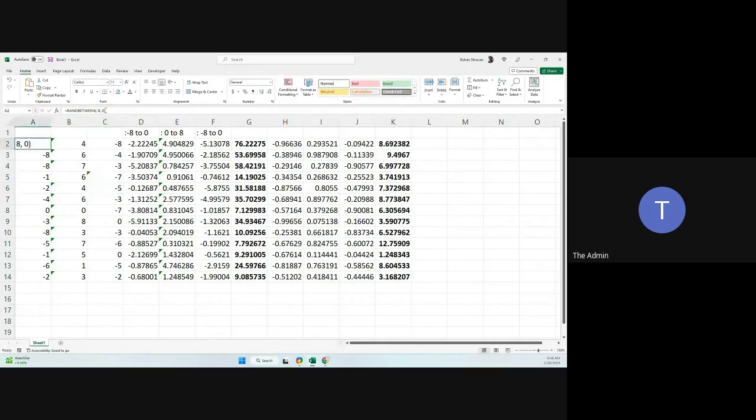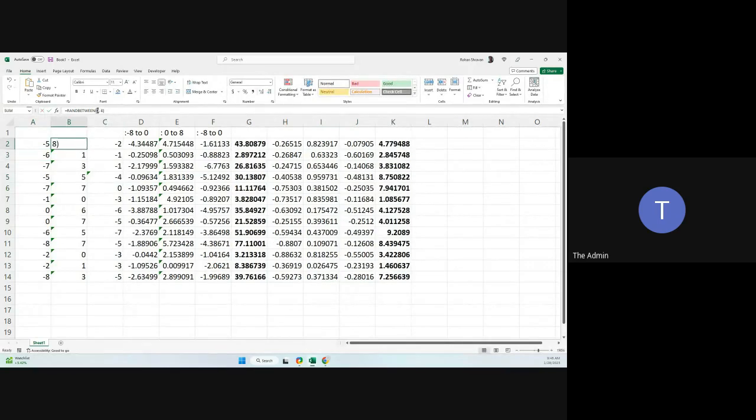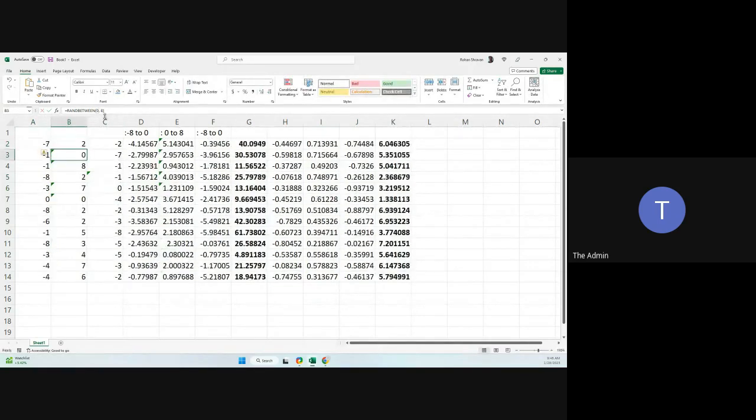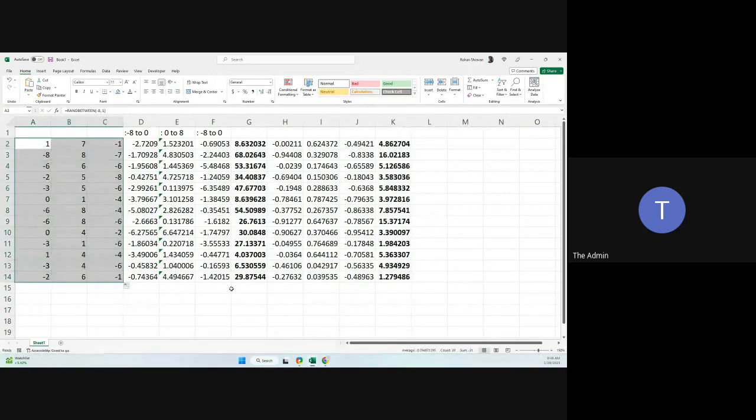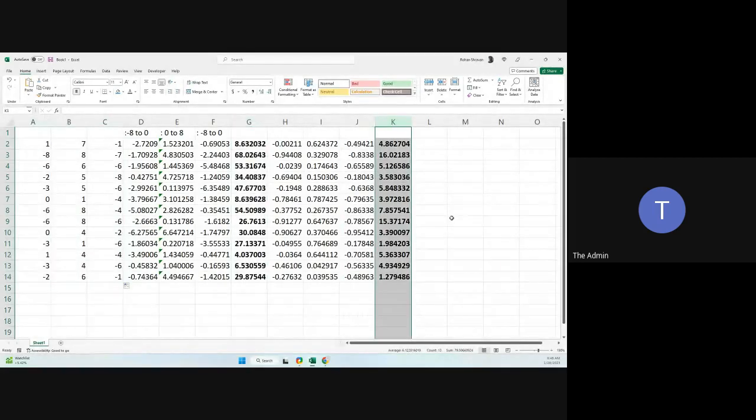This should be 1, should be -1. Okay, so now we have one set of values here and we have one set of values here. What do you conclude?